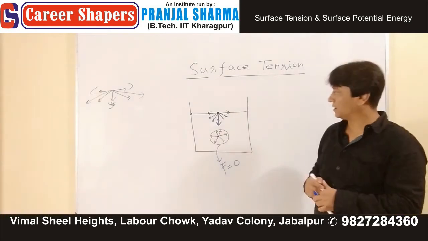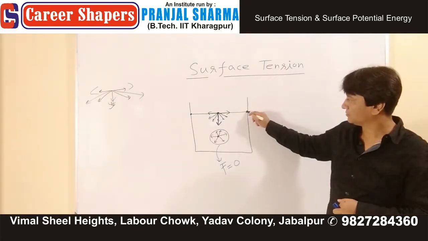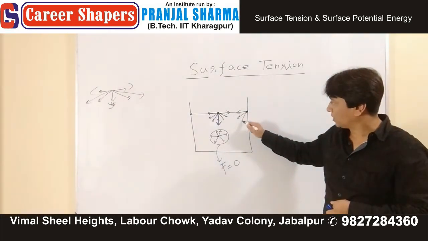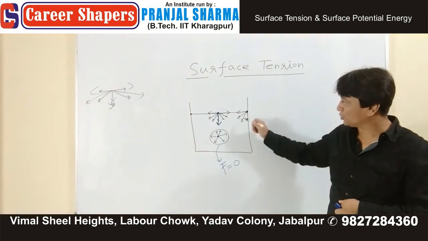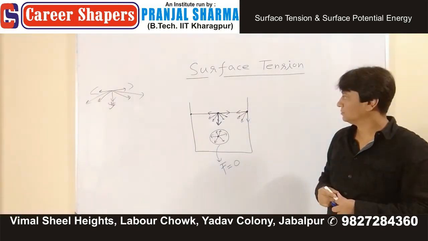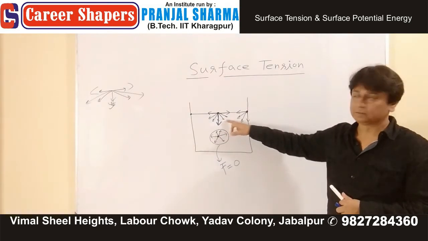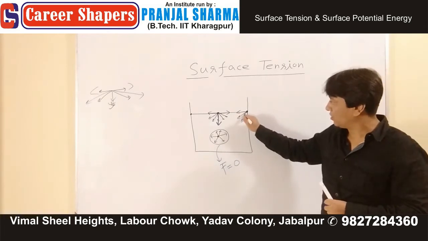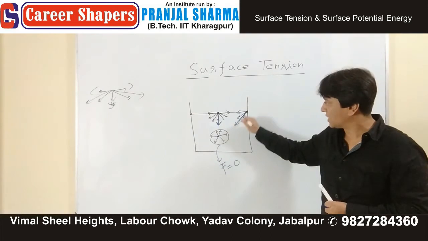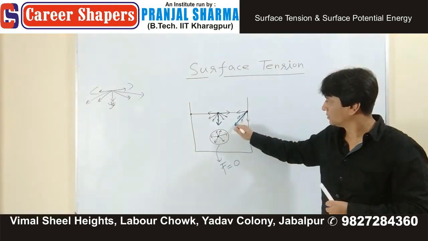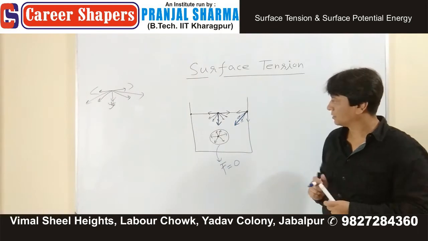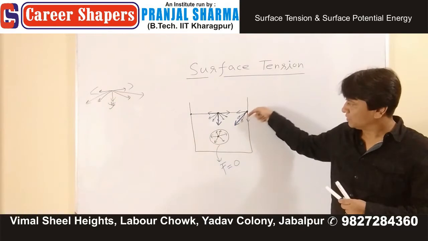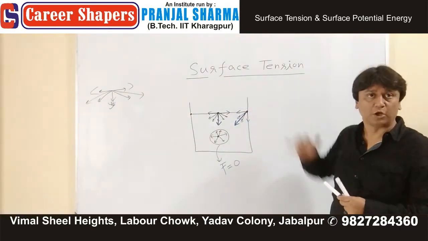And if you look at any molecule which is at the corner, you can see a quarter of a sphere being formed and forces will be like this. Half of sphere, 1/4 of a sphere, and resultant of these will be in this direction. No net force. This is downward force. This is the force on this side molecule.